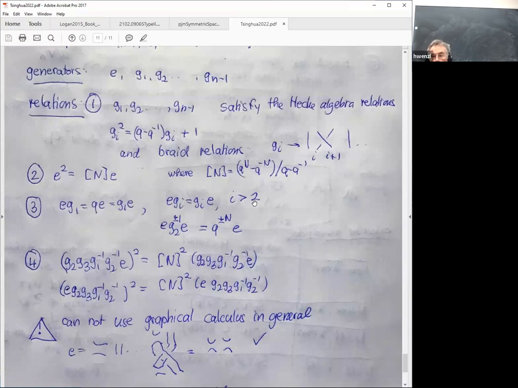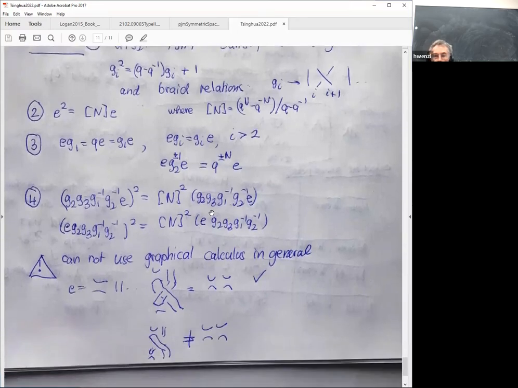E commutes with generators of index bigger than 2, and for E and g_2, it satisfies this relation. So this is all pretty straightforward. Now the kind of mysterious relation is this relation 4, and I think I will have to go back to this, because in order to prove these missing cases, I probably need to understand these relations a little bit better.